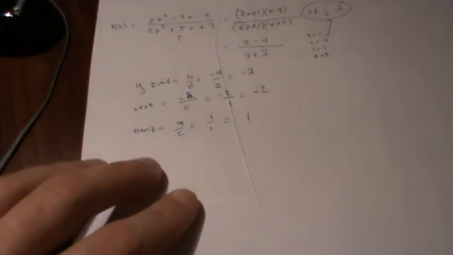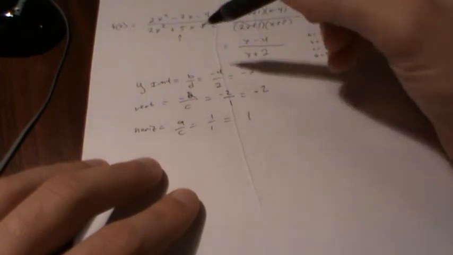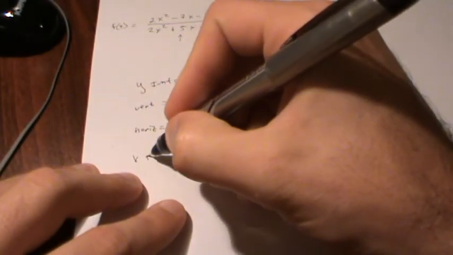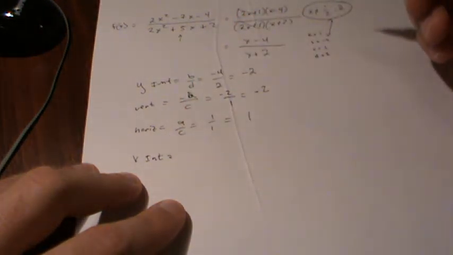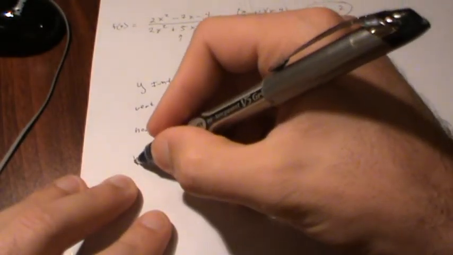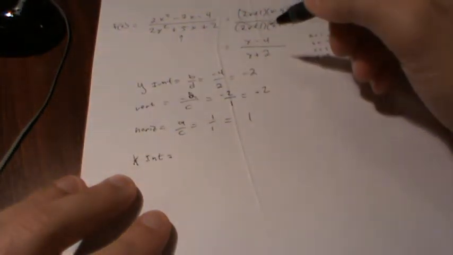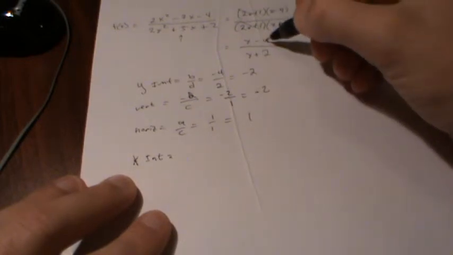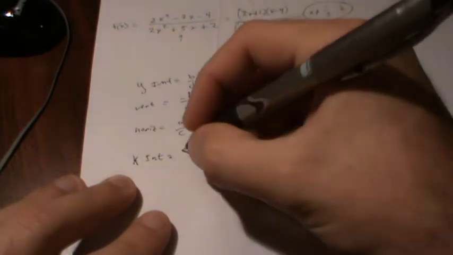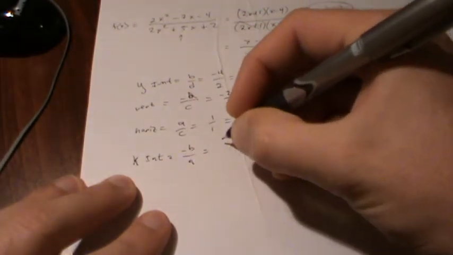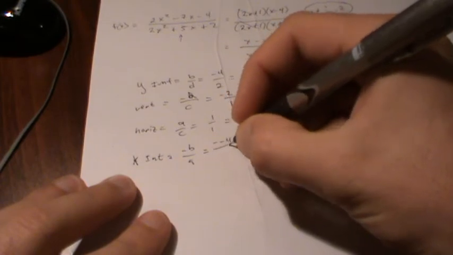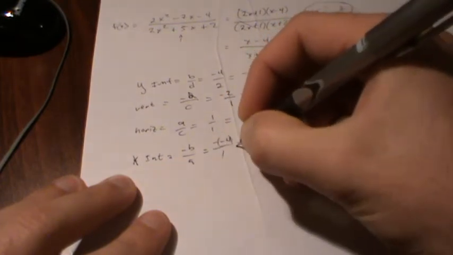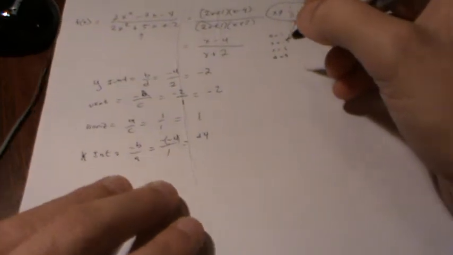And finally, the last bit is the x-intercept, which is going to be negative b over a. So a negative -4 over 1, or a positive 4.